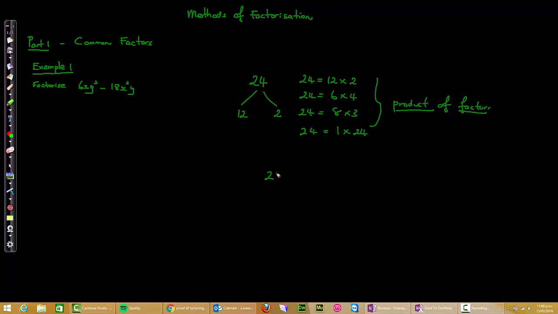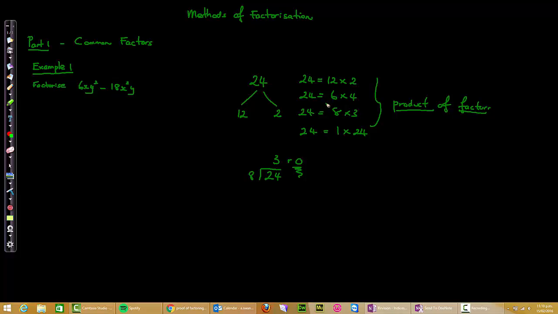So let me take one example. If I divide 24 by 8, it goes in 3 times exactly, and the remainder is 0. And if the remainder is 0, it means that 8 is a factor. It went into 24 evenly with no remainder.